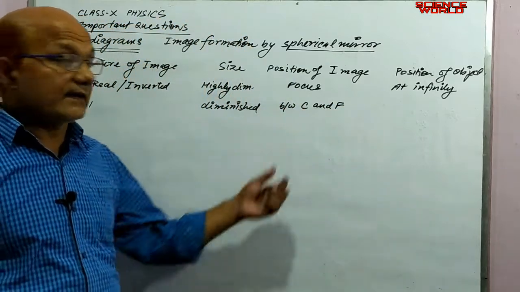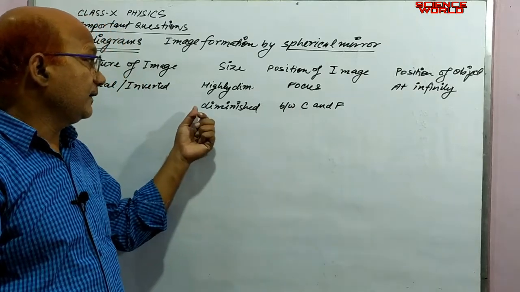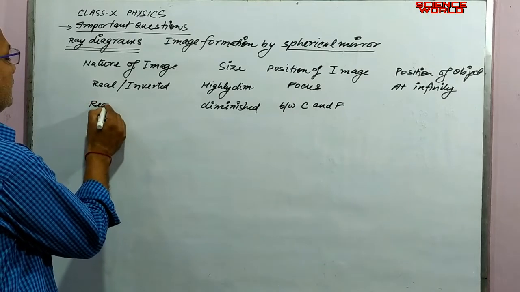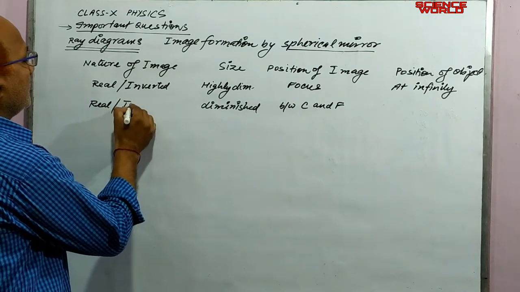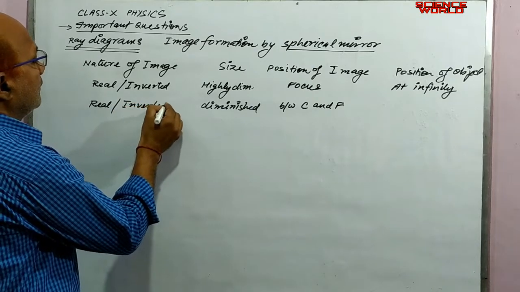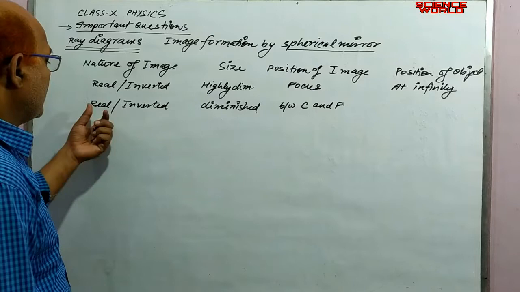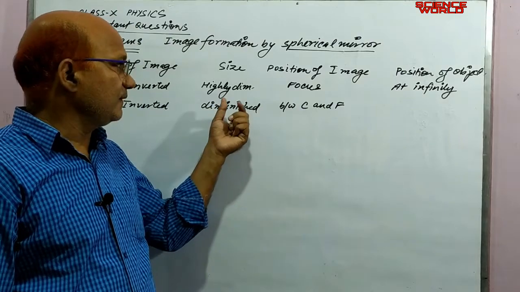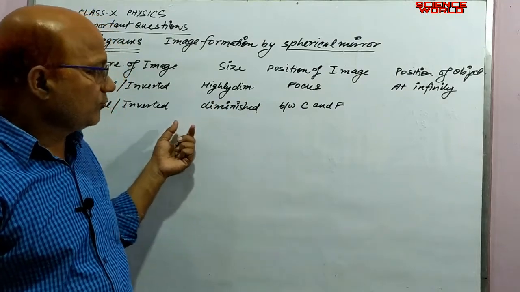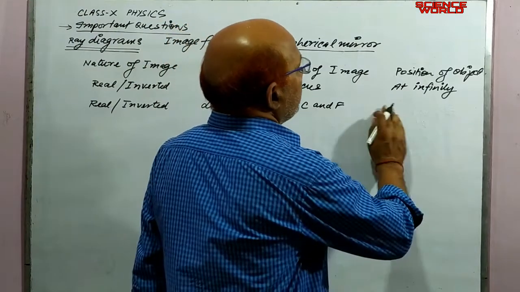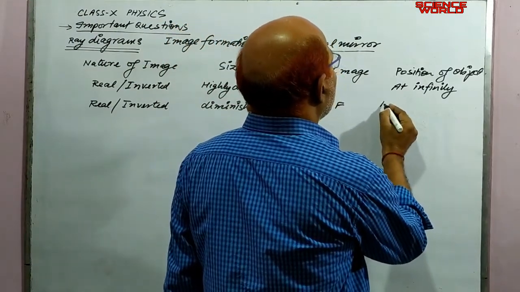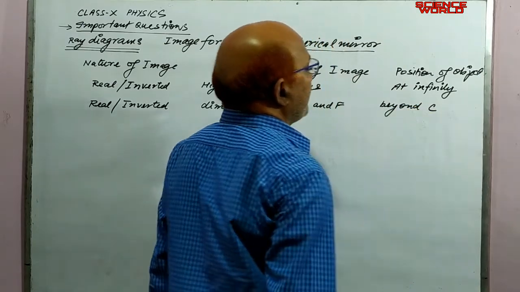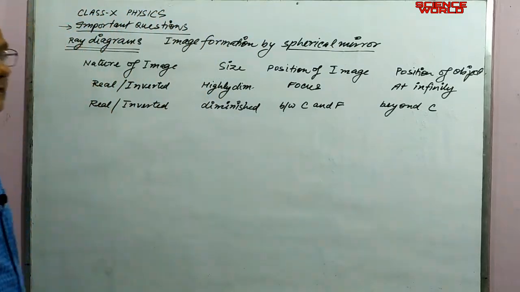The image is between center of curvature and focus, and it is diminished image, and it is real and inverted also. So, to get real inverted image and it is diminished image means is smaller than object. So, where you place the object? It means the object is, obviously it is beyond C. Okay? The object is beyond center of curvature.